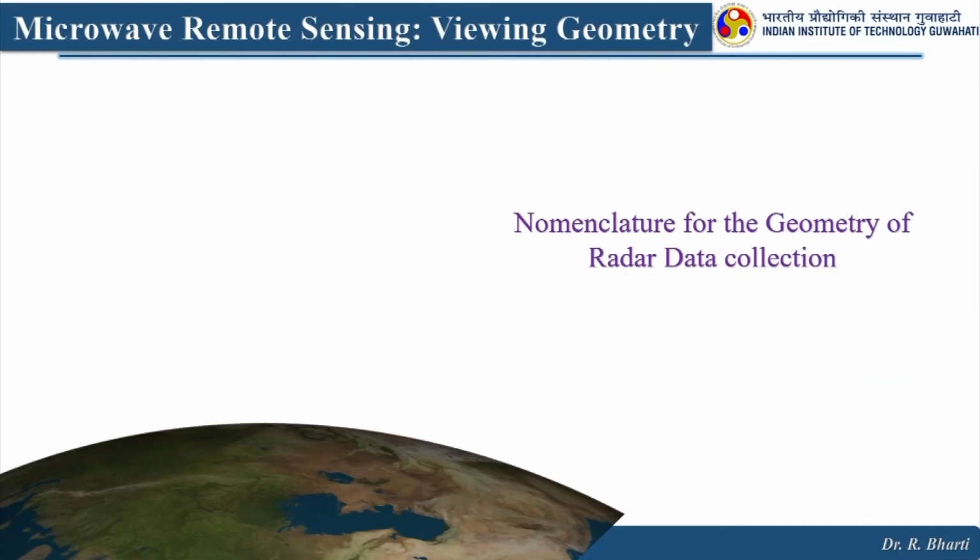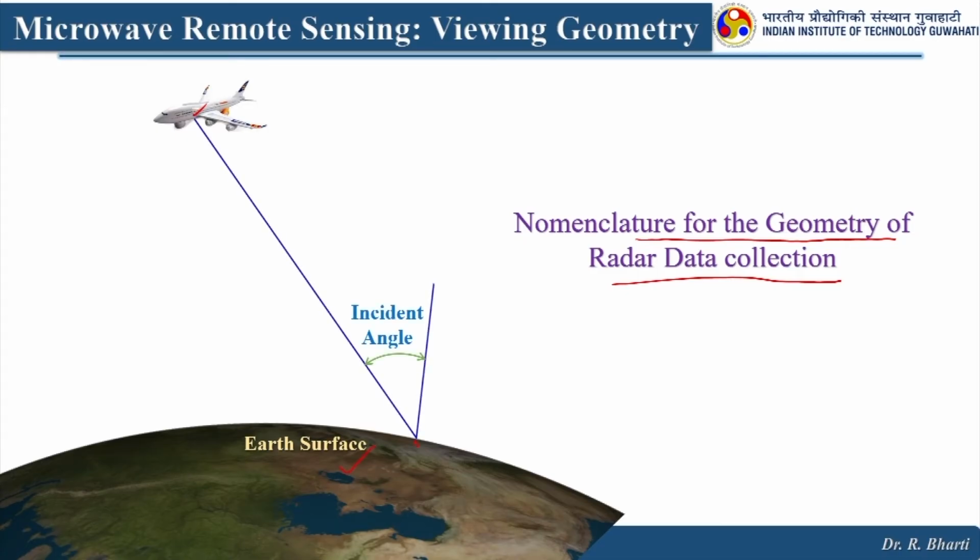In this diagram, the nomenclature for the geometry of radar data collection has been highlighted. Let us understand. Again, this is carrying your sensor and this is our earth surface. Now let us draw the perpendicular on this surface. If we are illuminating this area, this angle will become the incident angle.